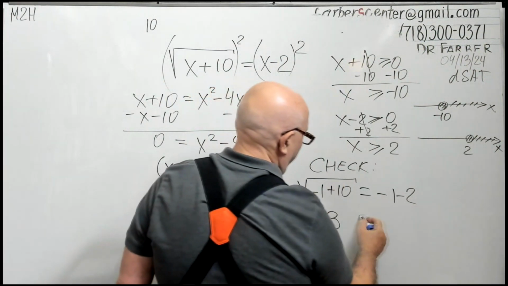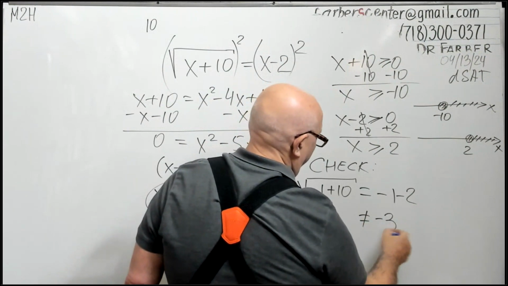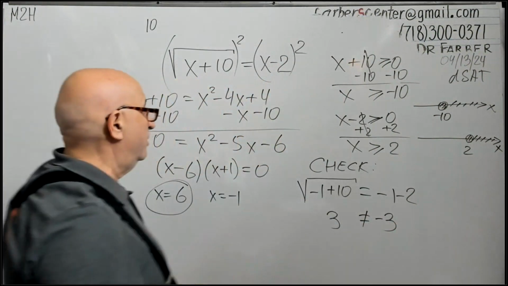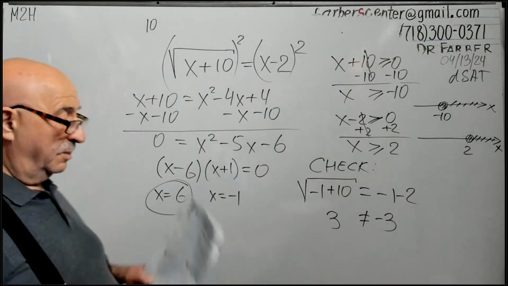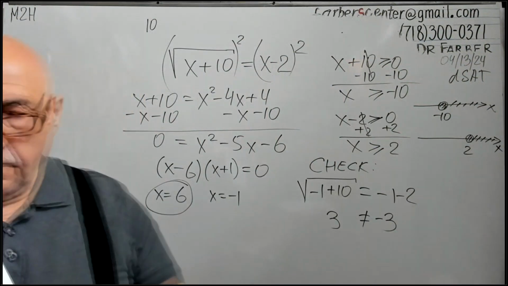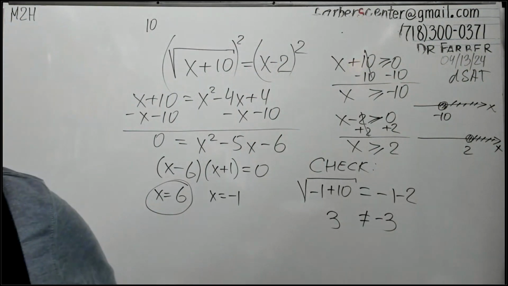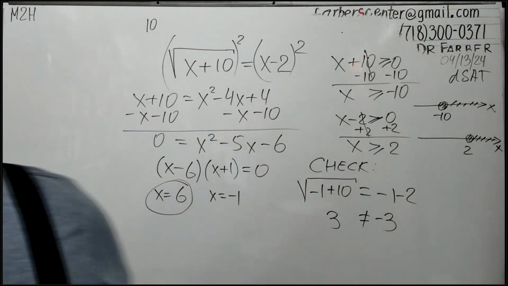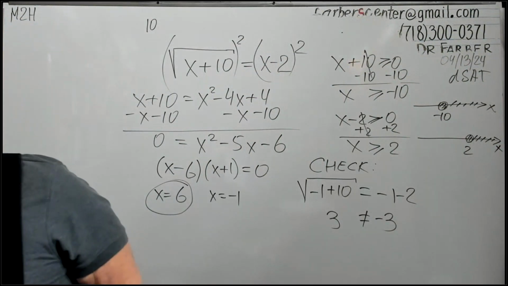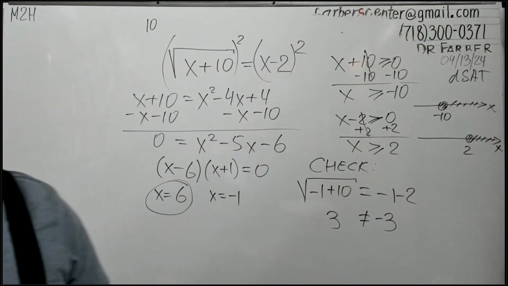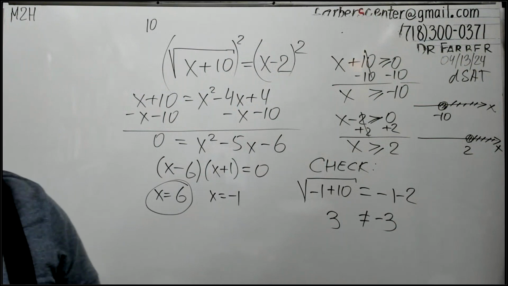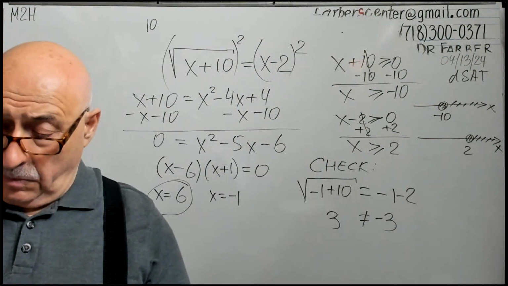And this does not equal negative 3, because this is an extraneous solution. Only this guy is the answer. So far so good. I just remind you, I believe everybody knows this, but don't make this mistake on the SAT. Okay, good.